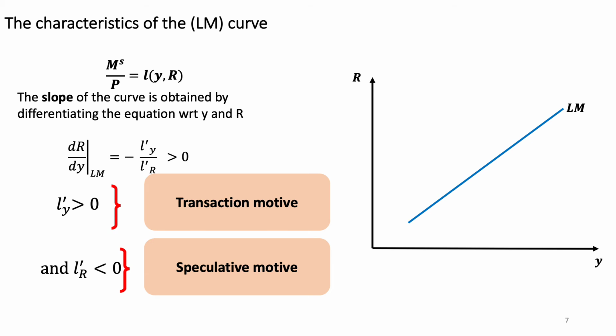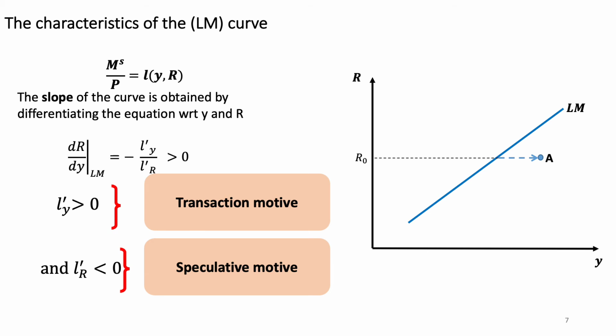Now, economically, let's imagine that you are on the curve and for some reason the income y increases and we end up at point A. At this point, because y increased, the money demand for transaction motives increases. The supply of money is, on the other hand, exogenous.